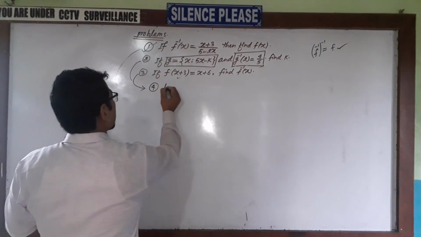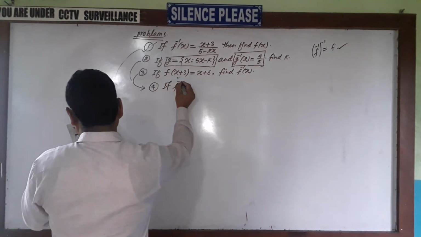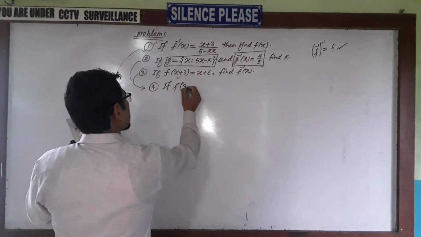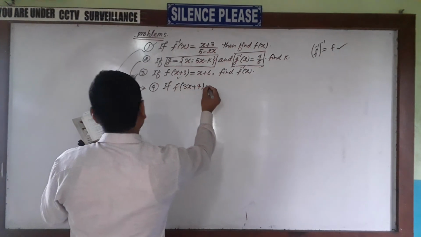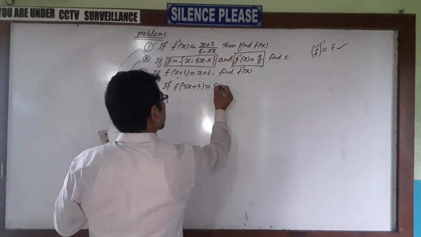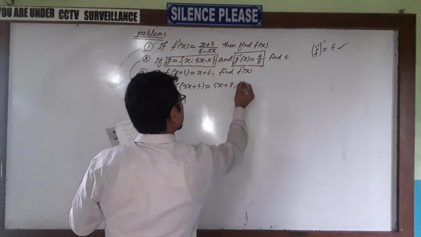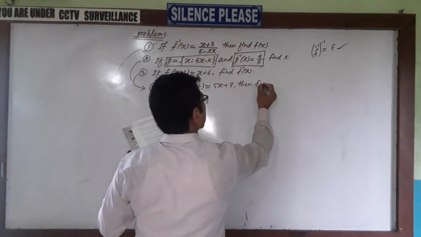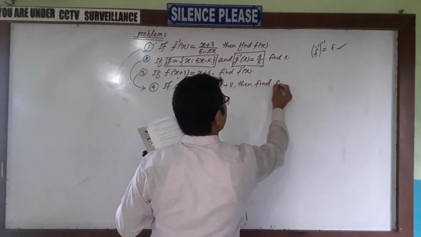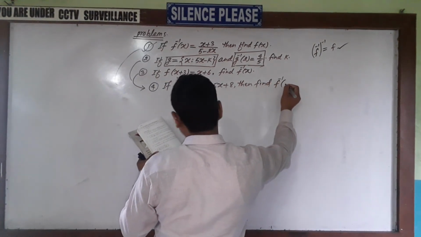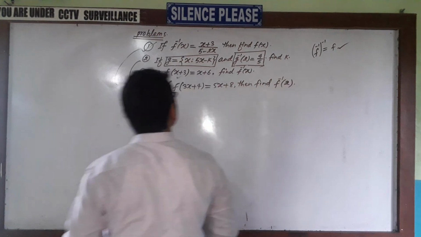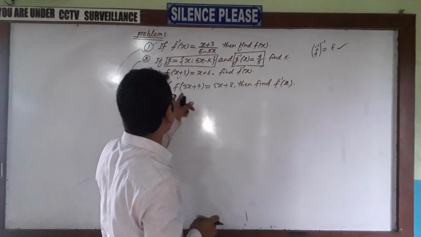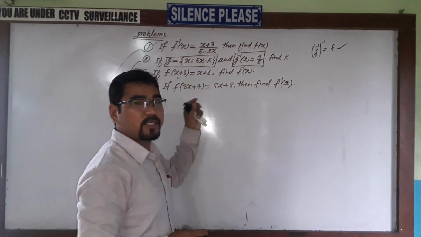Here, if f of 3x plus 4 is equal to 5x plus 8, then find f inverse 2. The question is this. It is the same as question number 3. Number 3 and number 4 are the same type of question.